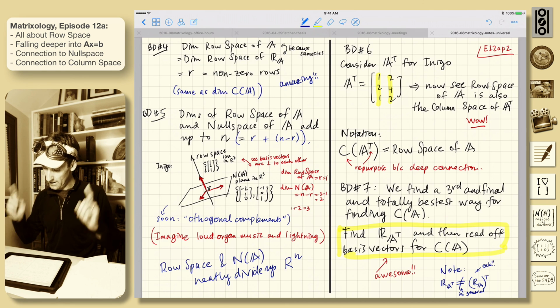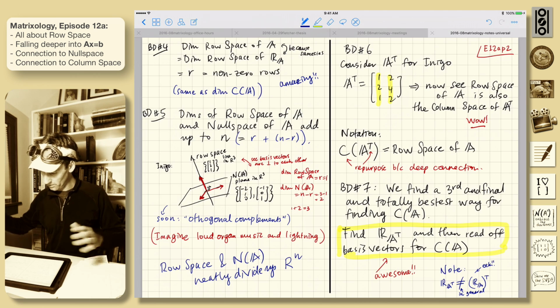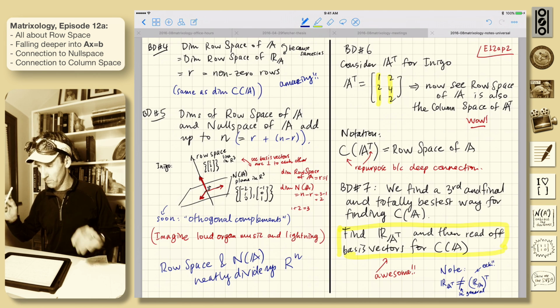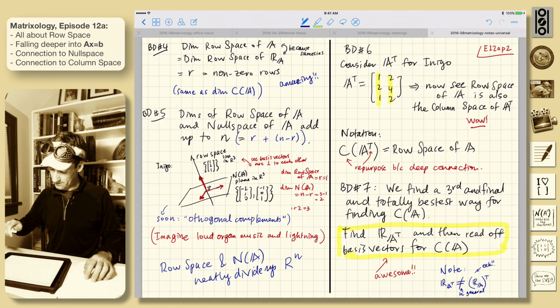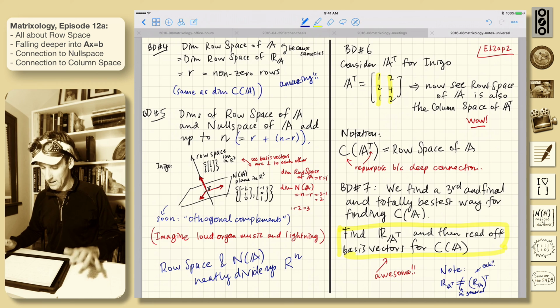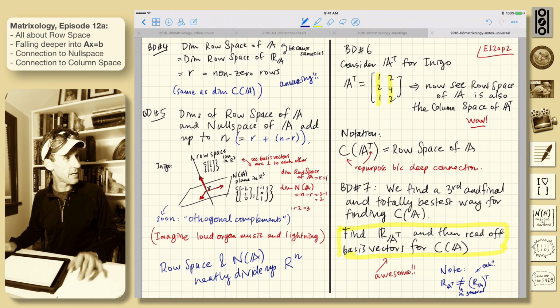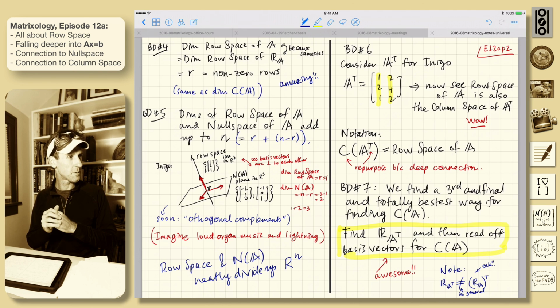All right, and then A transpose just comes riding in and is unbelievable. We see that row space is the column space of A transpose. Another thing that comes from that, which is also awesome, is that the reduced row echelon form of A transpose has sitting in its rows a basis for column space.